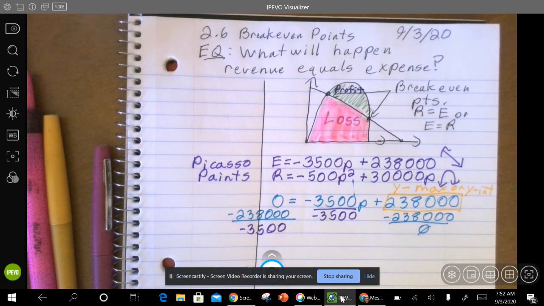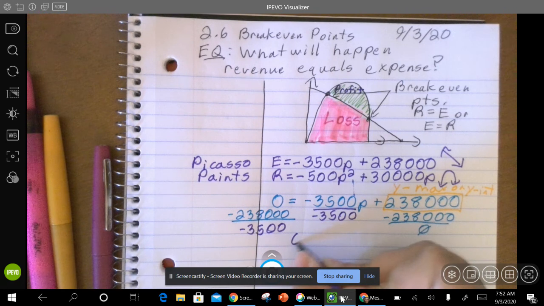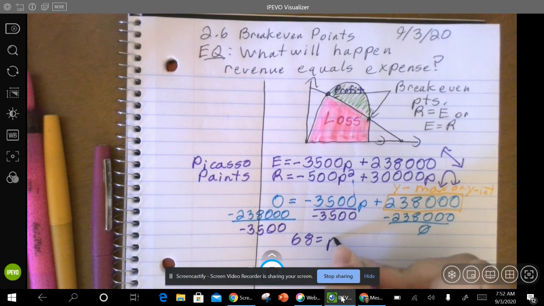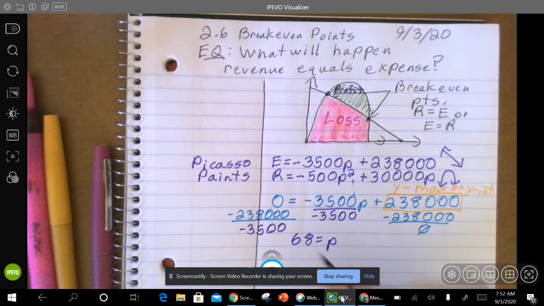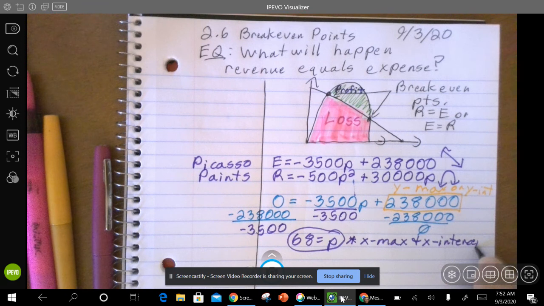Hope I do the right price. Okay, and so then we get that the price is equal to $68. Everybody, remember that is going to be our x maximum and our y-intercept.